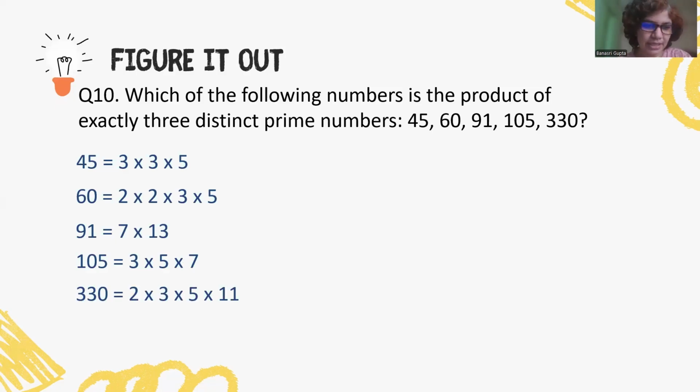And 330 is 2 into 3 into 5 into 11. Which satisfies the condition of 3 distinct prime numbers? Distinct means unique prime numbers. 45 has 3 prime factors, but they are not distinct because 3 is repeating. So the only number which satisfies this is 105.